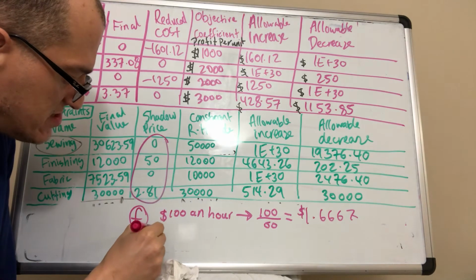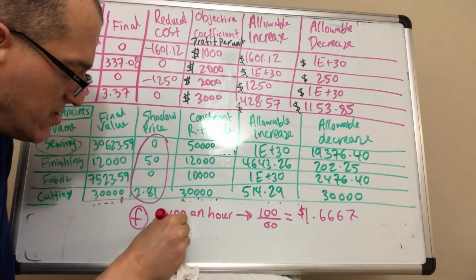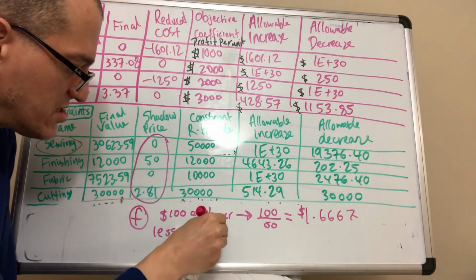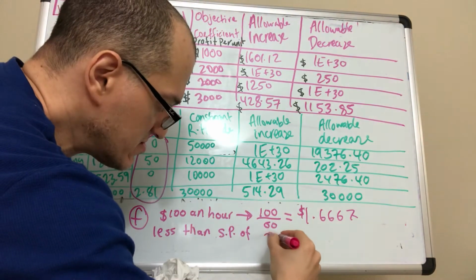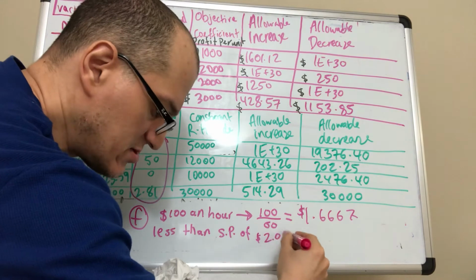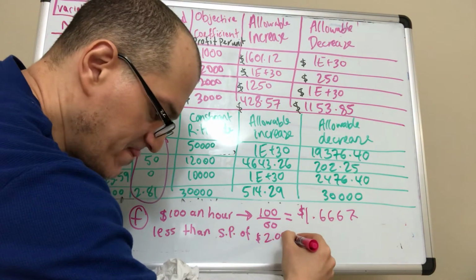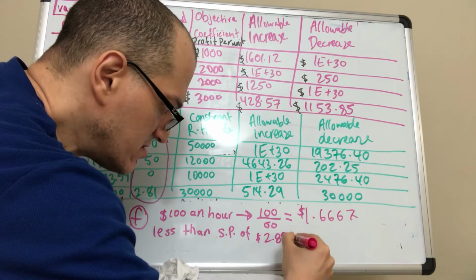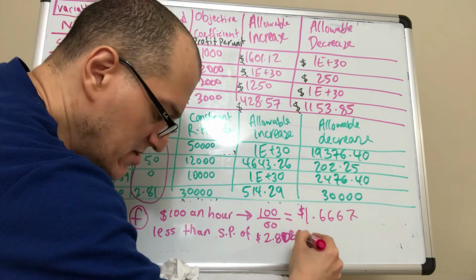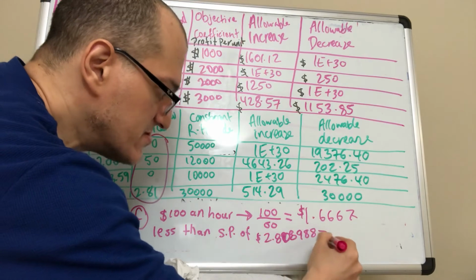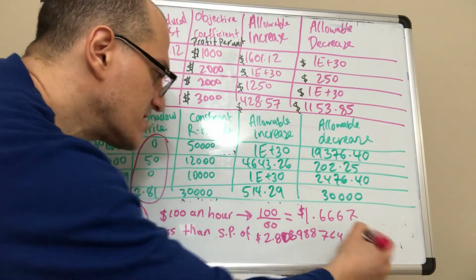So, less than shadow price of $2. It's exactly $2 and about 808988764.